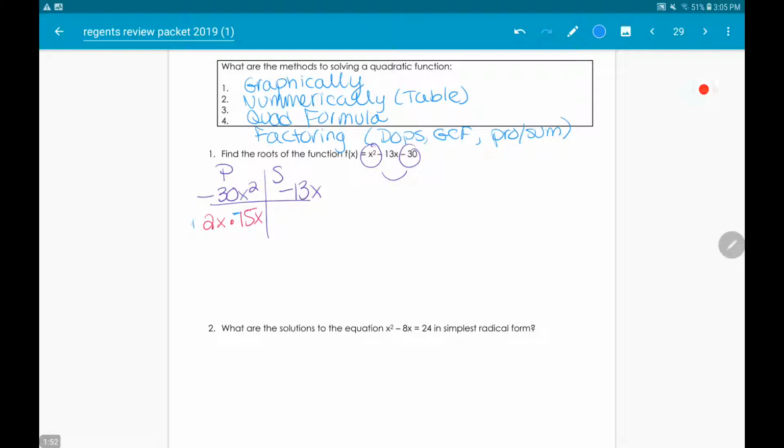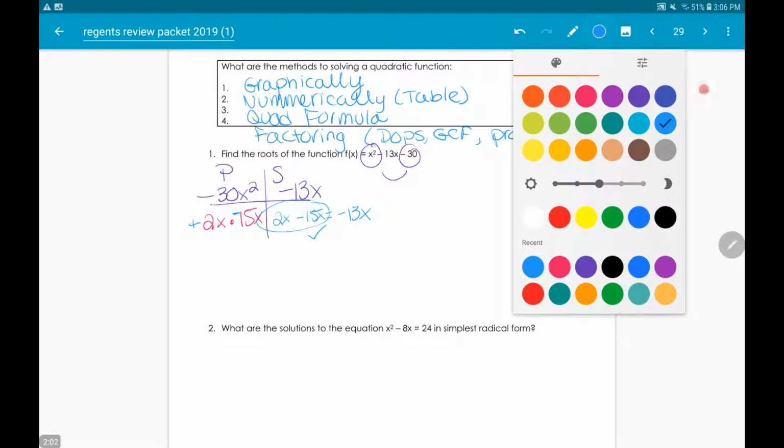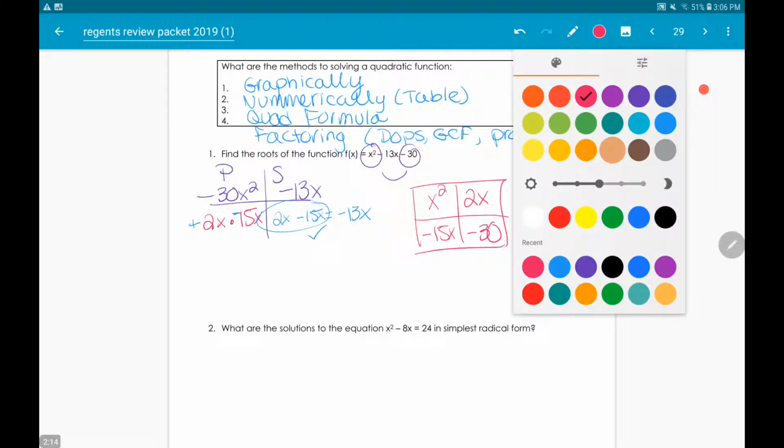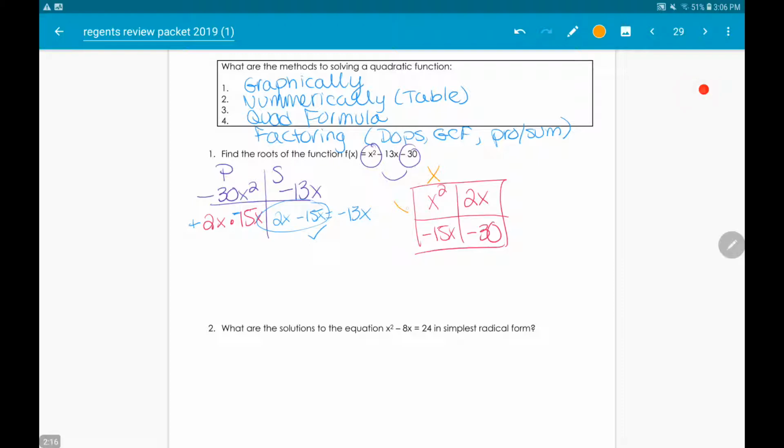So negative and positive, so that would get me negative 13x, so that works. I make my box. First term, last term, two middle terms. X times x gets me x squared, positive 2, negative 15.